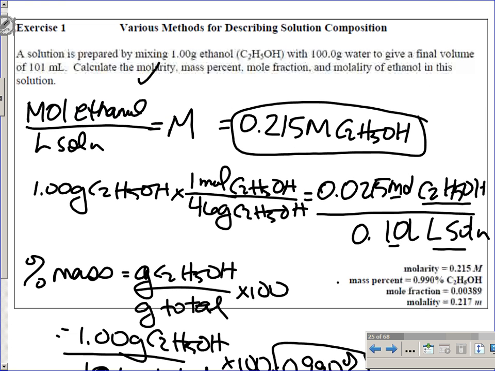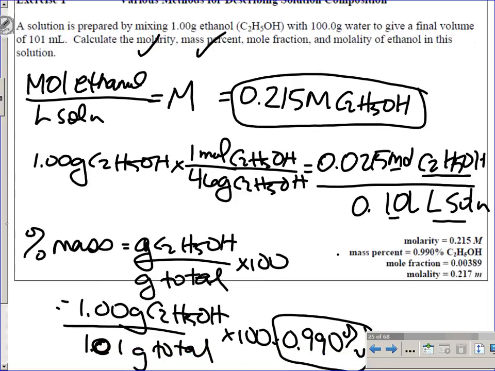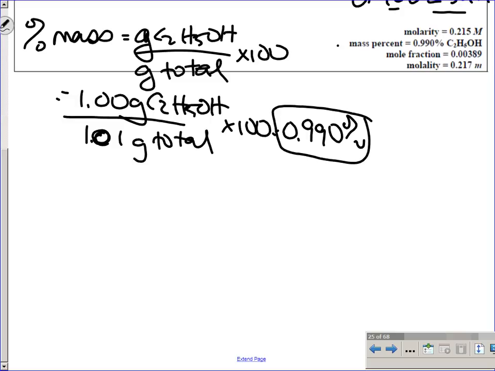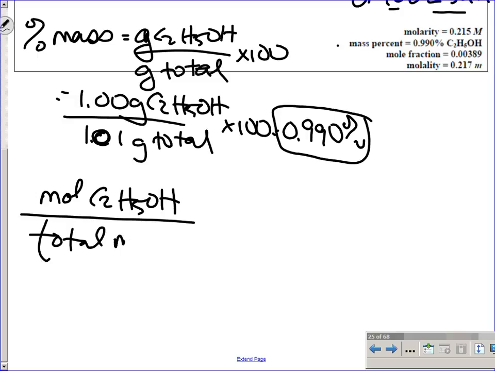What's mole fraction? You guys did your reading. What's mole fraction? Kind of like the ratio in a fraction sense of the moles. So how many moles of ethanol did I have? So moles of ethanol over total moles. That means we have to go back and do what? Yeah, we have to get moles of water and add it. So how do I get moles of water?